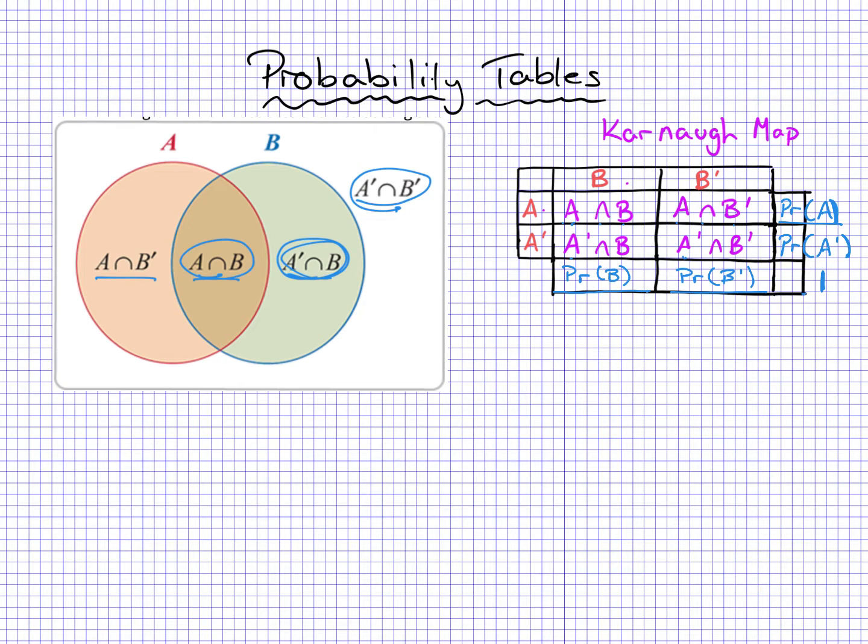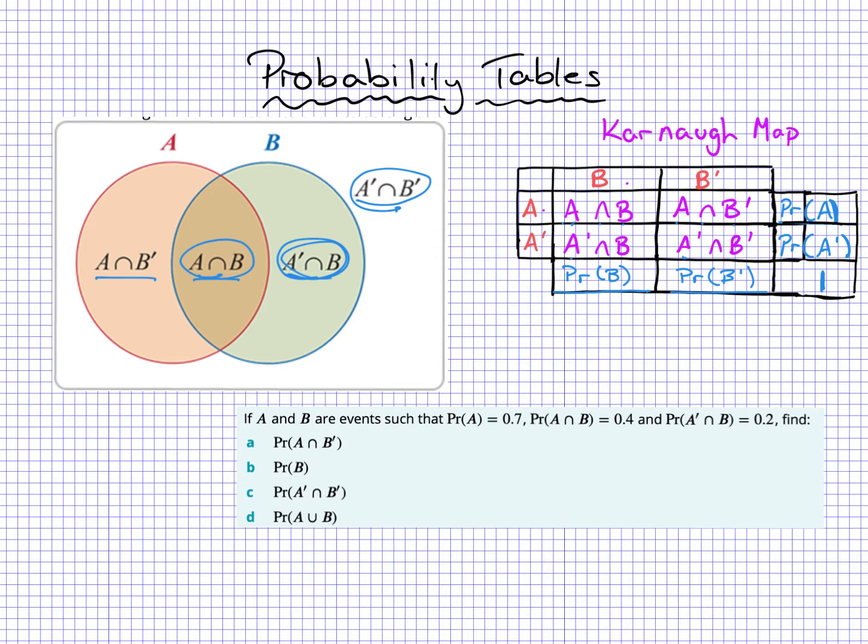So this Karnaugh map shows us all possible results in a Venn diagram, and it's just a neat way of being able to transfer Venn diagram information into a table. Let's have a look at a question. While we do that, you also want to put this Karnaugh map into your notes book, and you might want to add the Venn diagram in there to show that the regions come from there also.